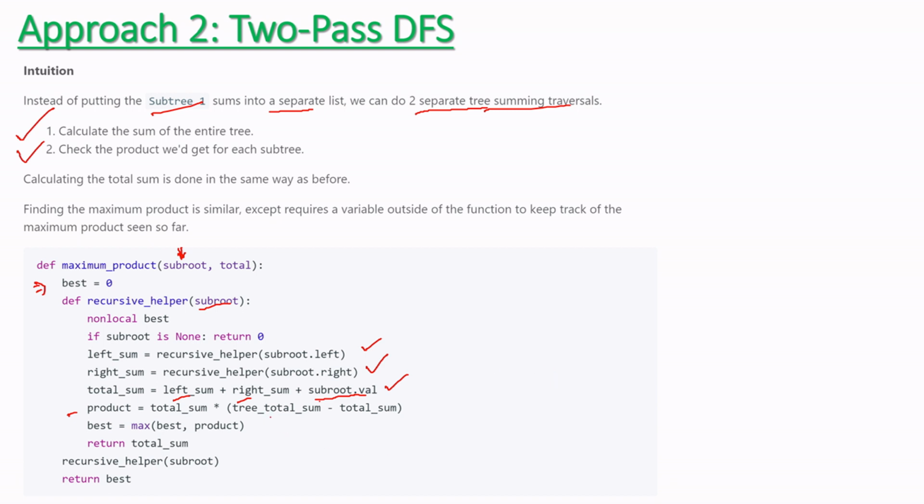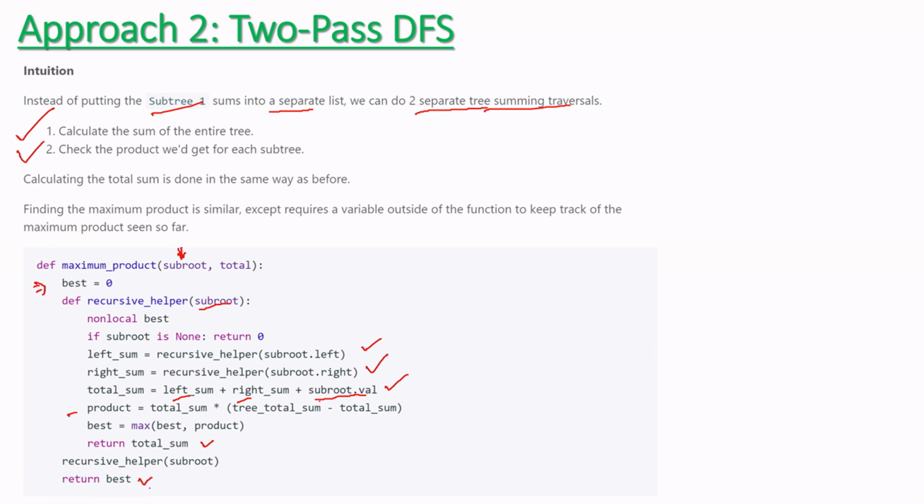subtree 2, and we traverse each node. For the best, we take the maximum of the best or the product, and that returns as the total sum. Similarly we do the recursion again for the subroot, and finally return the best.